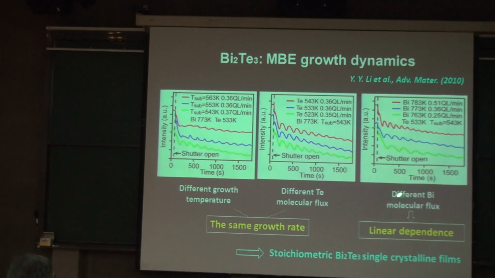And the third experiment, we fix the tellurium flux at this temperature and also the substrate temperature at this temperature. We only change the flux of bismuth from this temperature to this temperature. In this case, you can see the separation between these two peaks changes.